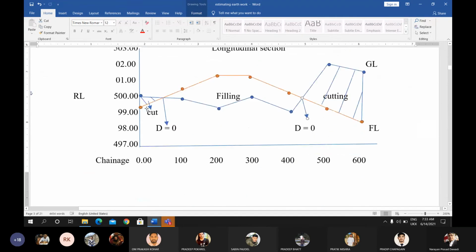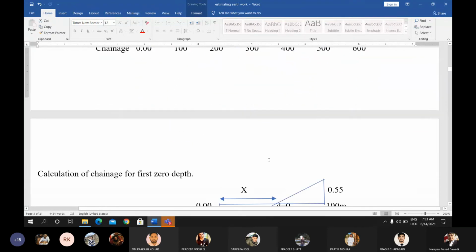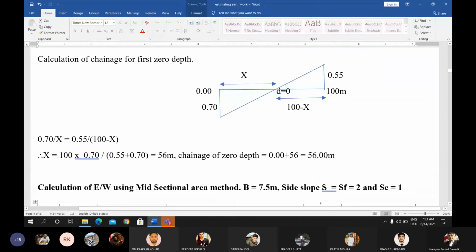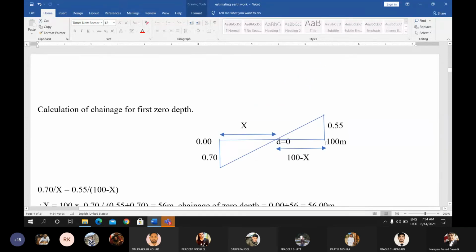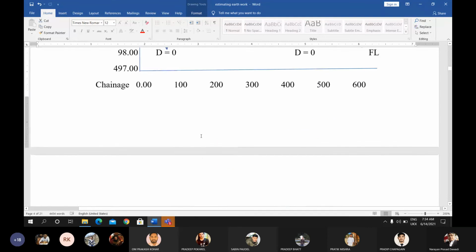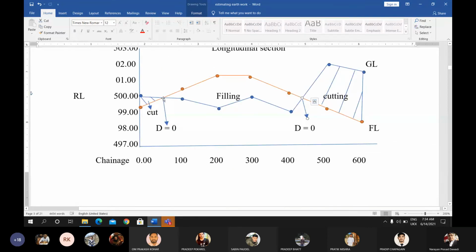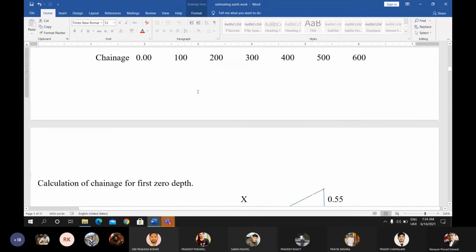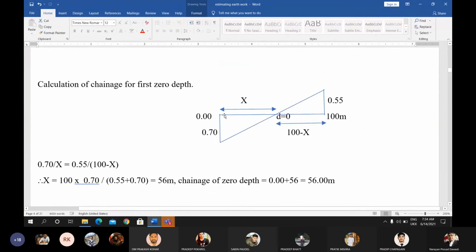But for this d is equal to 0, and for this another d is equal to 0, we have to find the respective chainage. So to find the chainage, first of all draw a straight line. In front of the 0 chainage there is the cut, and behind the zero chainage there is the fill.